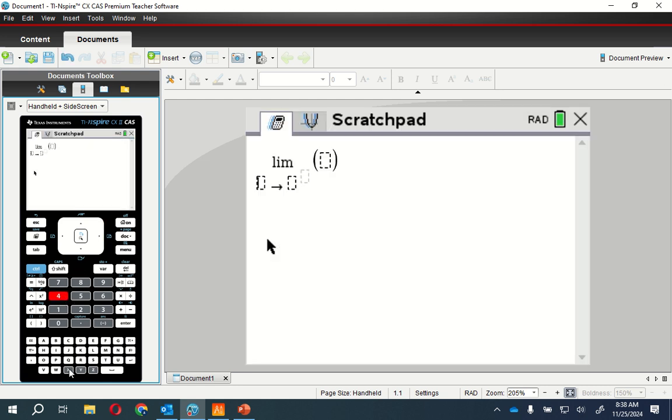The limit as x approaches 0, because it doesn't like h's, so this is going to be 1 plus 2x raised to 1 over x. Let's see if I got that right.